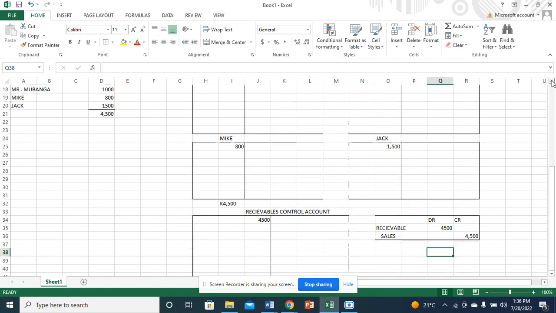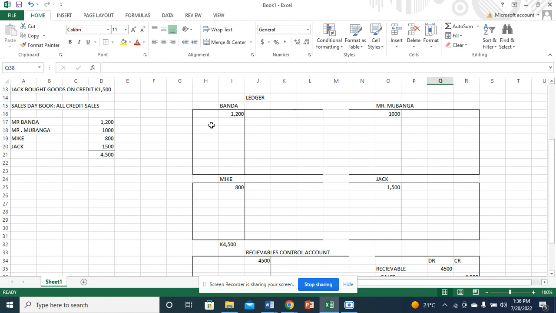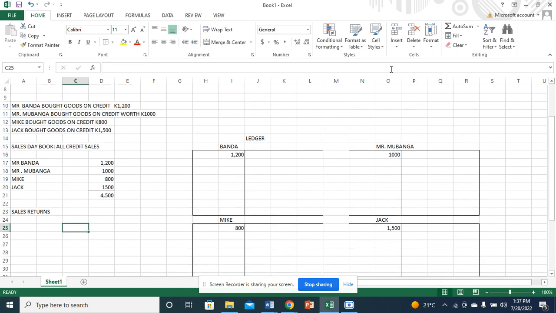Let's now add in some sales return inwards, or sales returns. The sales returns are recorded in the sales returns day book. That's where we record the sales returns.